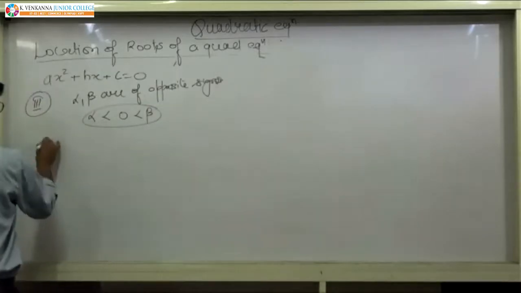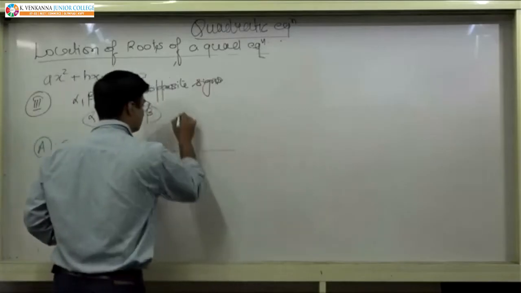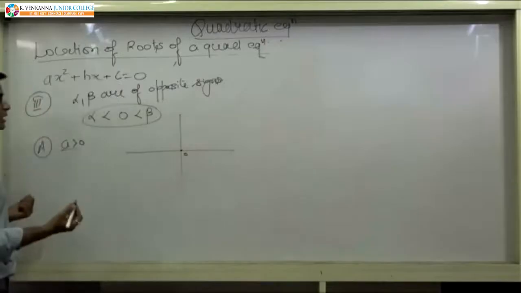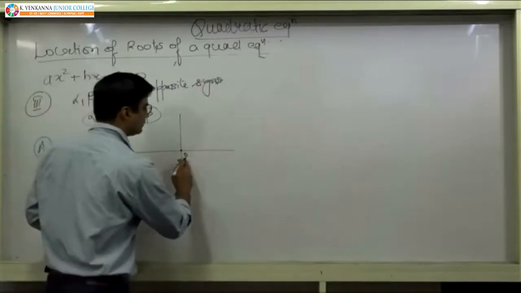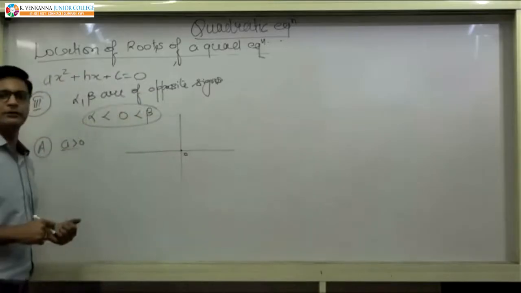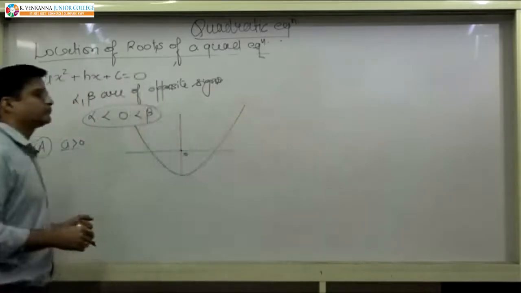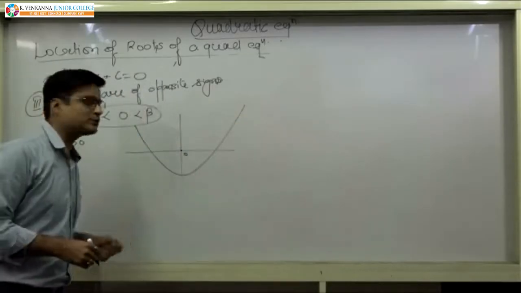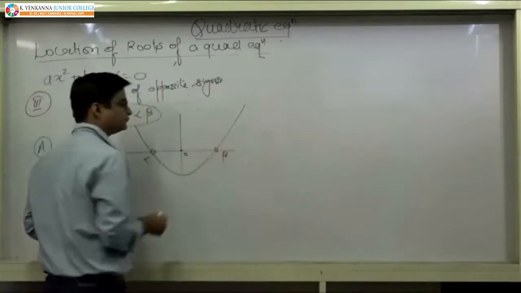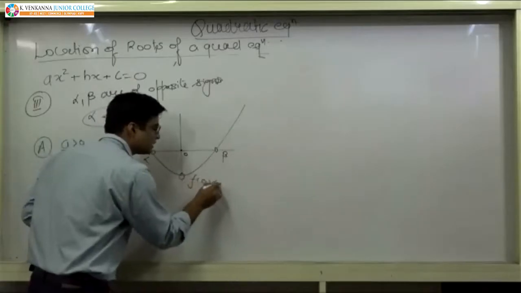Let's say again A is positive, and this is your origin. Your curve will intersect on the right hand side of origin once and on the left hand side of origin once. The curve will look something like this. This is your alpha, this is your beta, and this is your f of 0. F of 0 is lesser than 0.